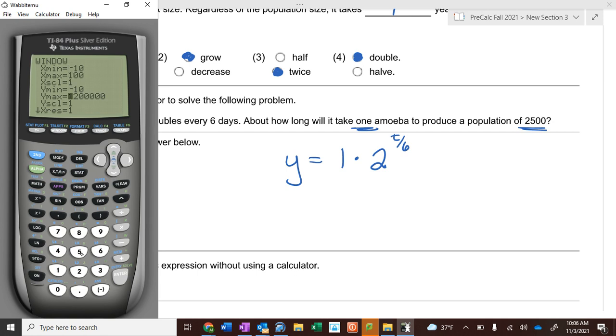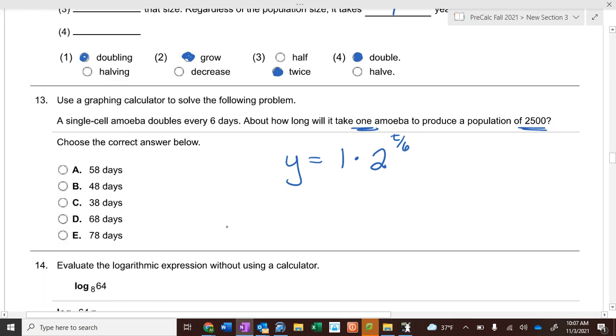But this one, I'm going to go to 2,600 here for my y. So I see my graph there. My other one comes across, and I want to find out where it intersects. Intersects at 67.7 or 68 days. Okay.